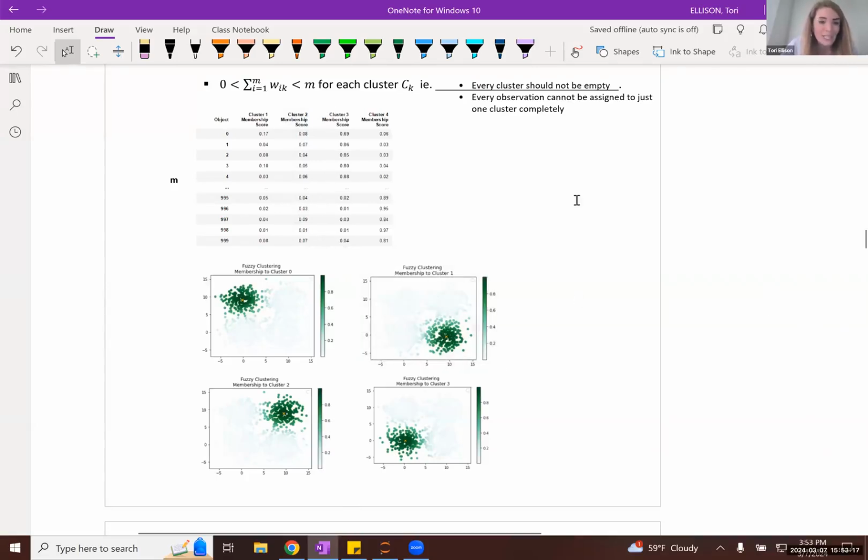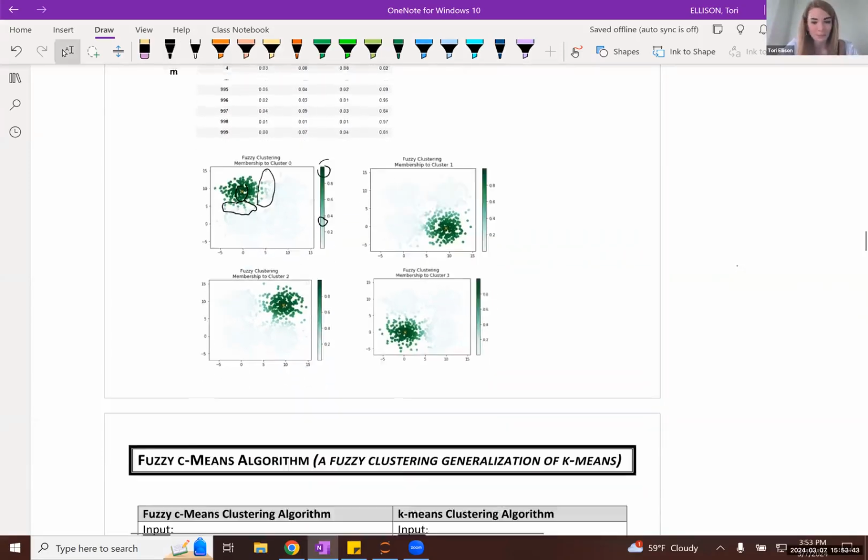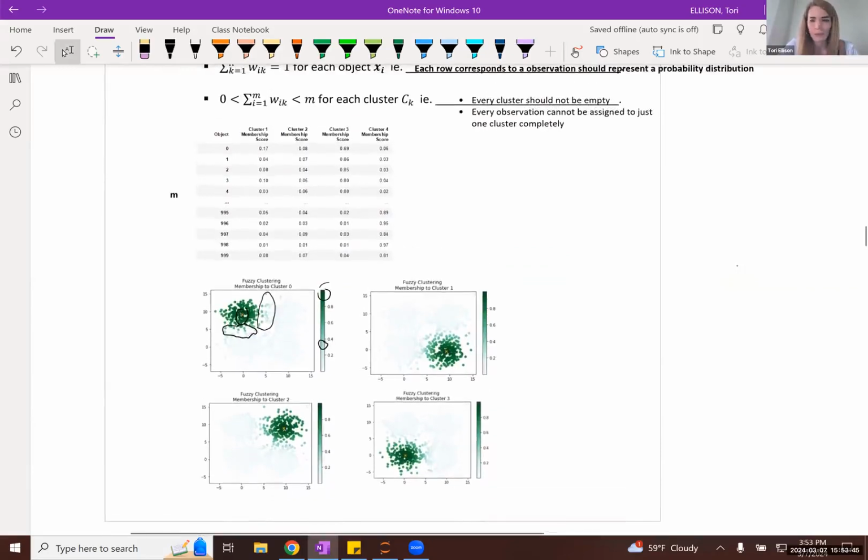This is ideally what we would like to see in our cluster membership matrix. We'd like to see a higher assignment value for observations that are further away from other clusters, but a more uncertain or lower cluster assignment for observations that straddle multiple clusters. So this is more or less what we would like to see. Any questions on that?